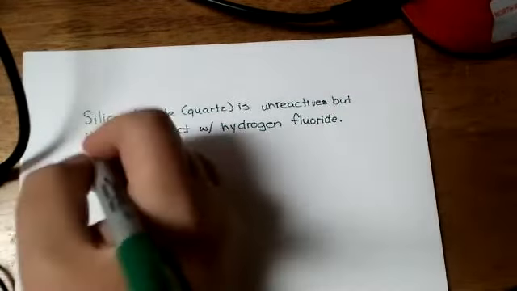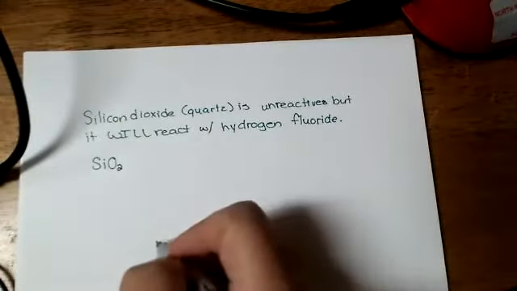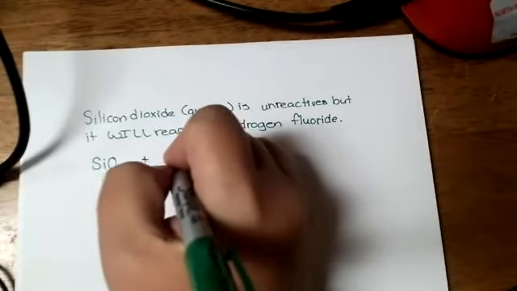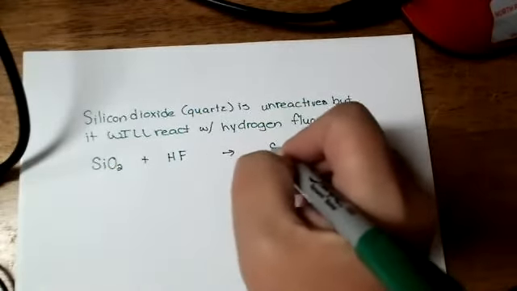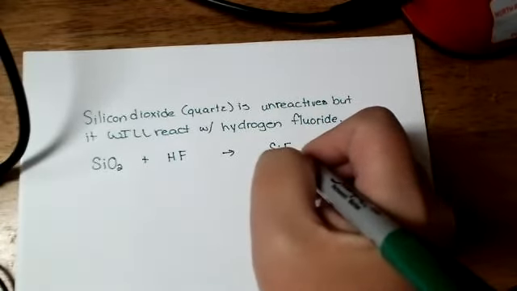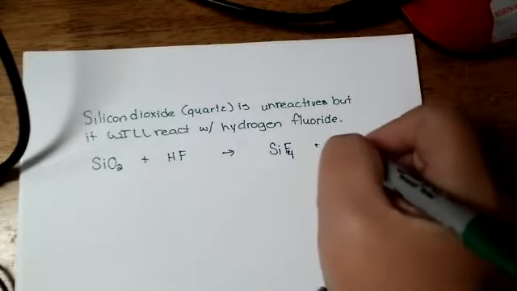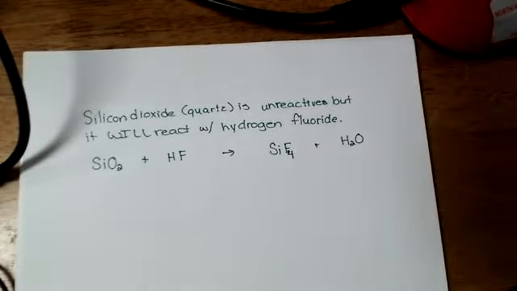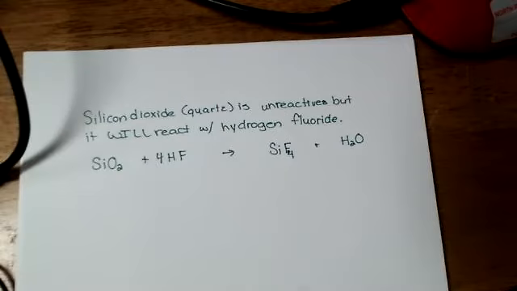All right, and here's the reaction. Silicon dioxide plus hydrogen fluoride yields silicon tetrafluoride plus water. Before I do anything, I've got to balance this, so I'm going to put a 4 here, and I'll put a 2 here. So now I have a balanced reaction.